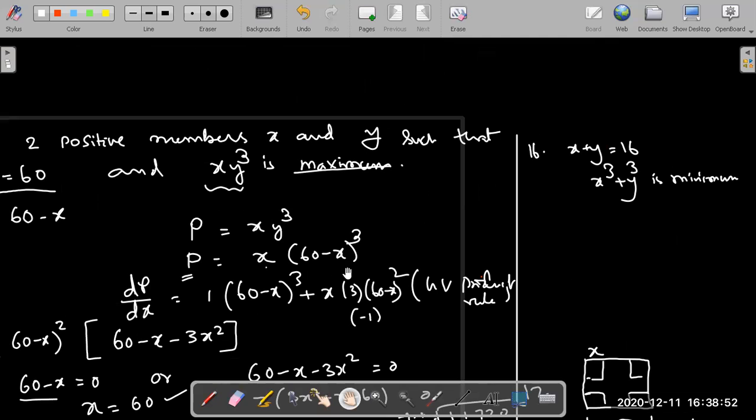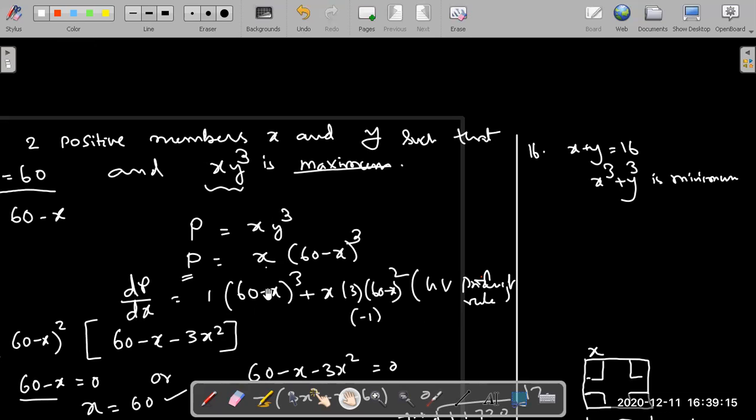x into 60 minus x cubed. This is u dash into v plus u v dash. So this is x into v dash, 3 into 60 minus x whole square and then minus 1. So we got 60 minus x whole square common out.